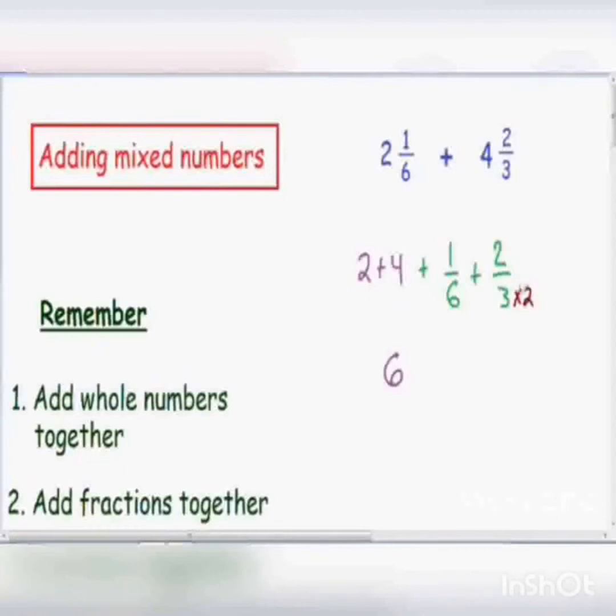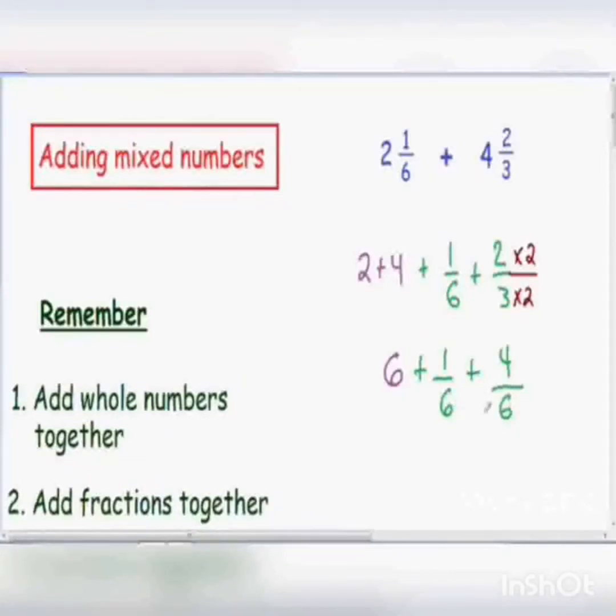Now, we try to balance it up by doing the same to the numerator. So, we have 2 times 2. Okay? Once we do this, we get 1 over 6 plus 2 times 2, or 4, all over 3 times 2, 6. Now we have 6 on both sides.